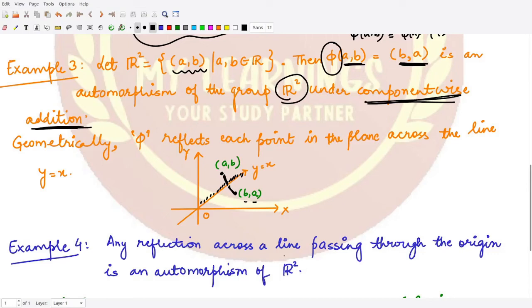Moreover, any reflection across a line which passes through the origin also forms an automorphism. In this case we are particularly taking the line y equals x, and therefore the map is simply reversing the numbers in this duplet. However, we may take any line which passes through the origin, so reflection across that line again forms an automorphism of the plane R square.